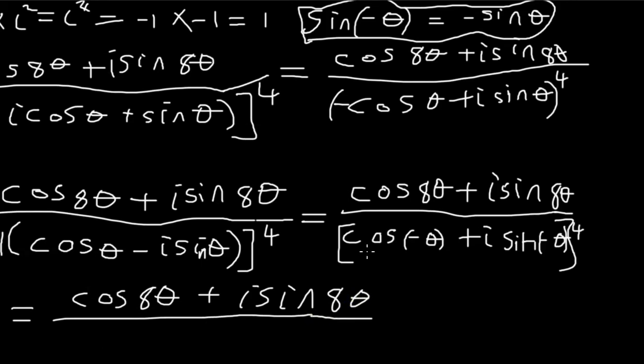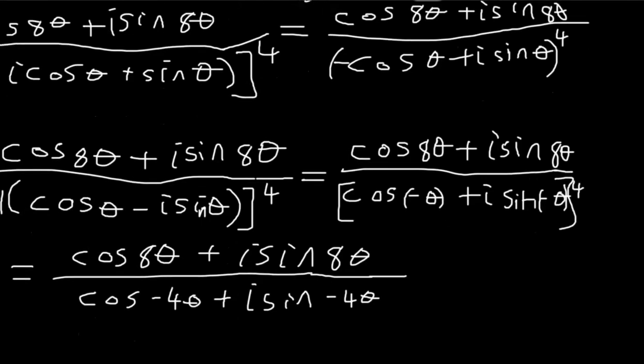And then here what you do again is you multiply this 4 times the theta, you get cos negative 4 theta plus I sine negative 4 theta, like that.